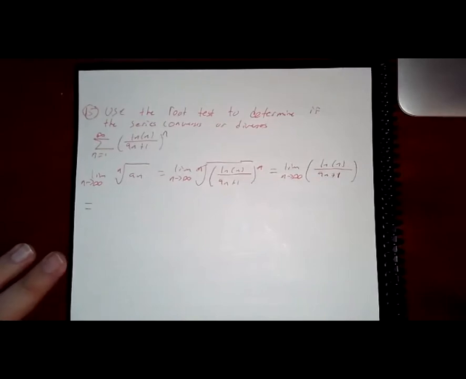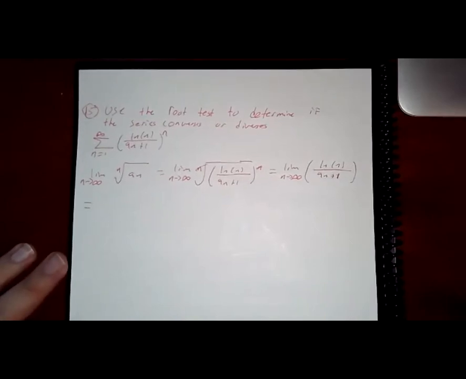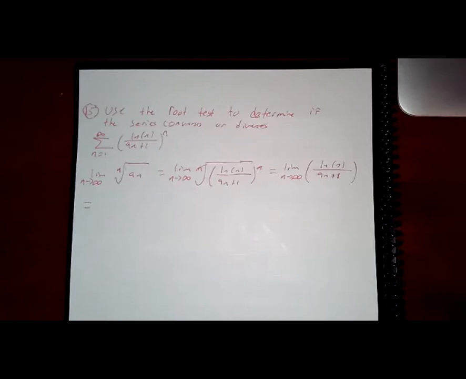So at this point, what is the greatest power? Does ln n grow faster or does 9n grow faster?